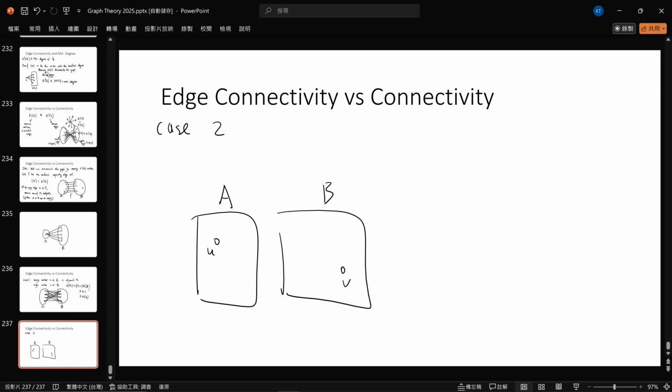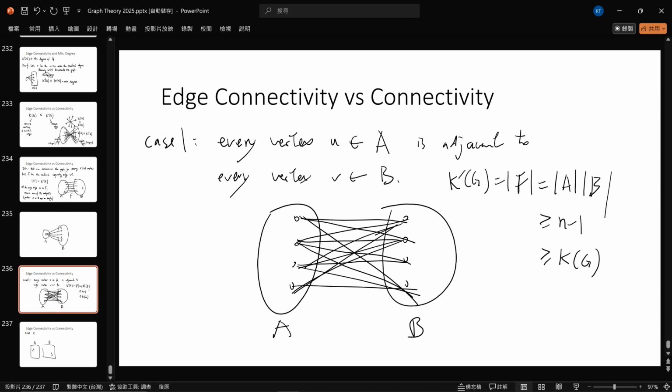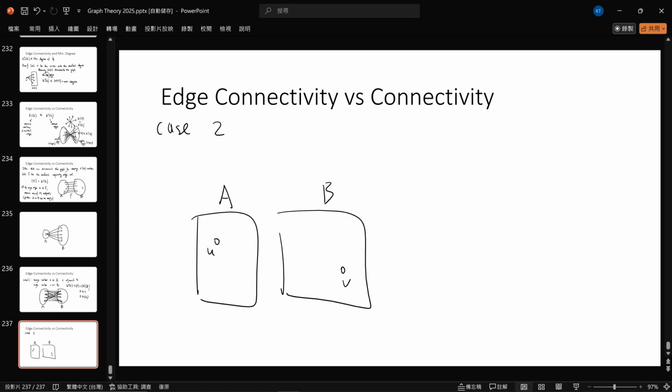In other words, you can find some vertex in A and some vertex in B such that they are not adjacent. So this is the remaining case, right? Because in the previous case, we assumed that every possible pair of vertices between A and B are adjacent. So if this case does not hold, then it must be the case that you can find some vertex in A and some vertex in B, and they are not adjacent.